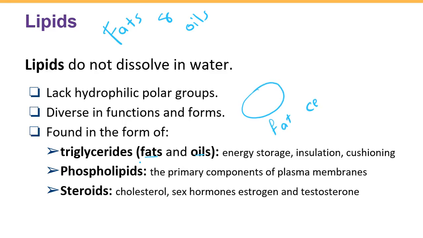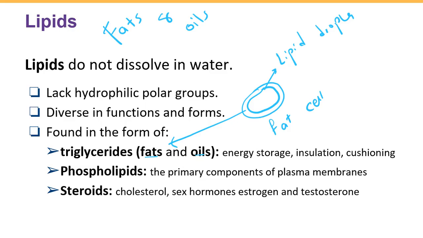In our fat cell, we have a big lipid droplet, in which we store triglyceride as long-term energy. This triglyceride also provides insulation and cushions organs. That's the reason in fat cells, in fat tissue, we have a lot of triglyceride.